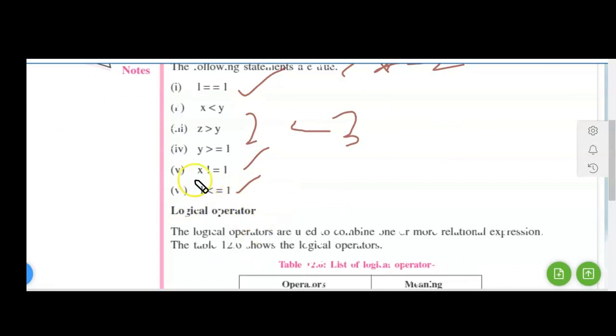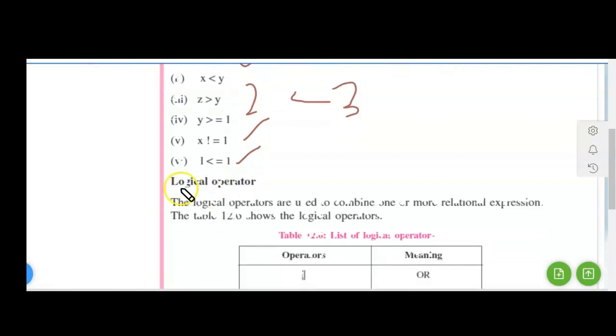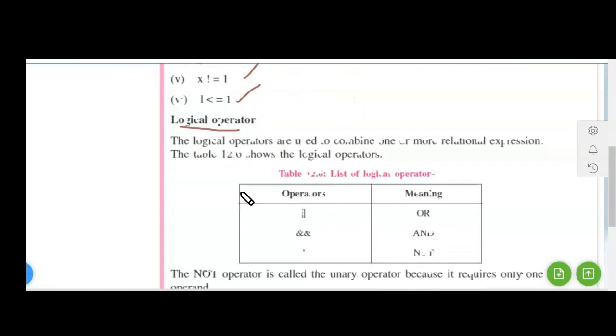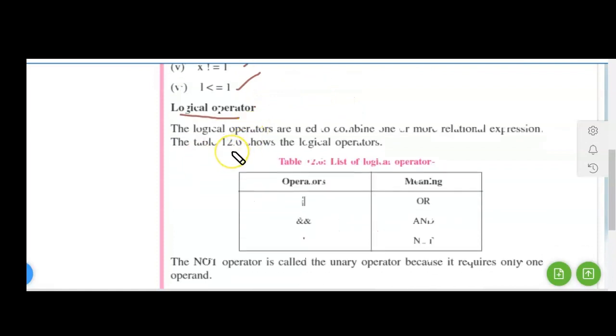So this is the way this operator is being used. And when it comes to programming, the way of writing, you will see there, logical operator. Logical operator uses three different types of operator: and, or, and not.